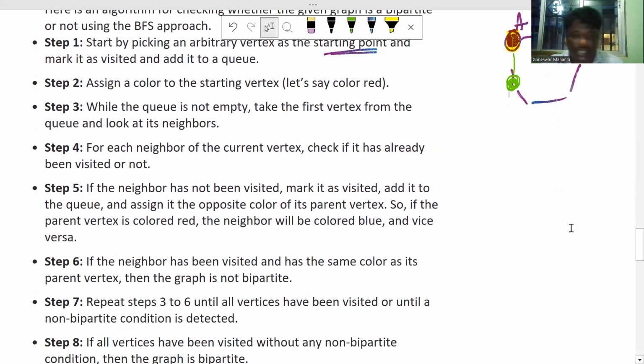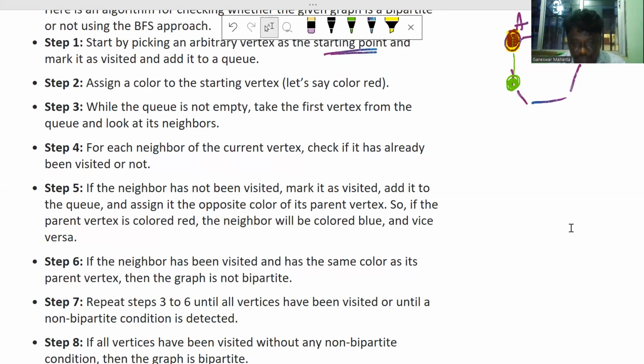If the neighbor has not been visited, mark it visited, add it to the queue, and assign it the opposite color of its parent vertex. So the first vertex is red, then blue, then again red. You can choose two different colors, but consecutive colors are not the same.